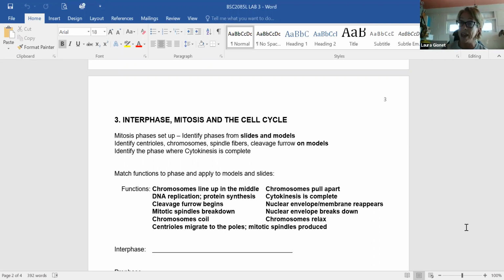All right, so when the cell needs to replicate itself, as they do, we have to go through these phases of cell replication. We start with interphase and then the next phase is going to be mitosis. Now, mitosis has subphases to it, and all this together is considered the cell cycle. So when it comes to replicating itself, we have interphase and then mitosis.